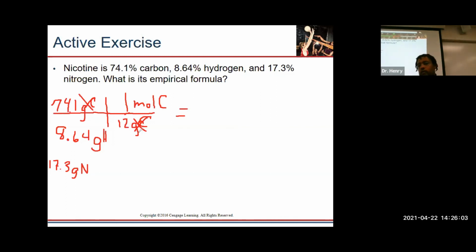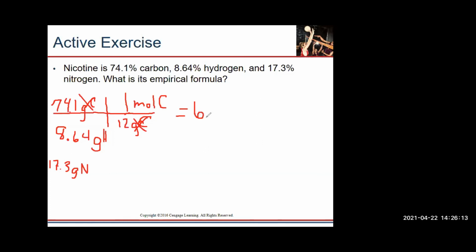So 74.1 divided by 12 is 6.175. Do sig figs matter? Sig figs matter.